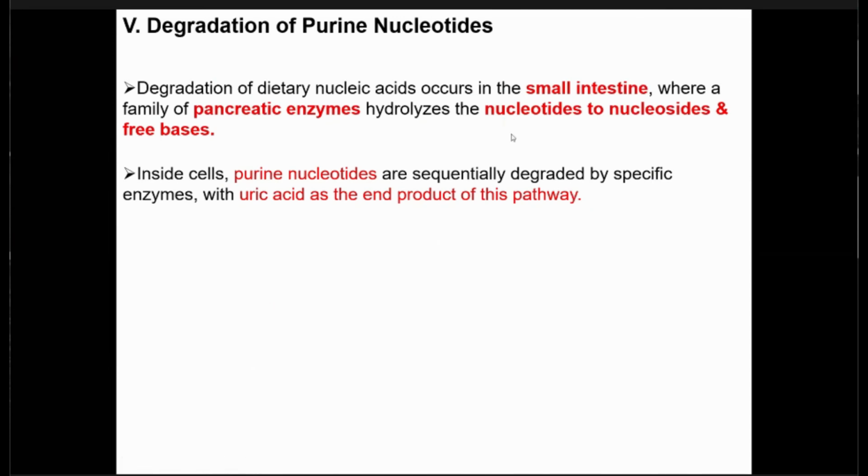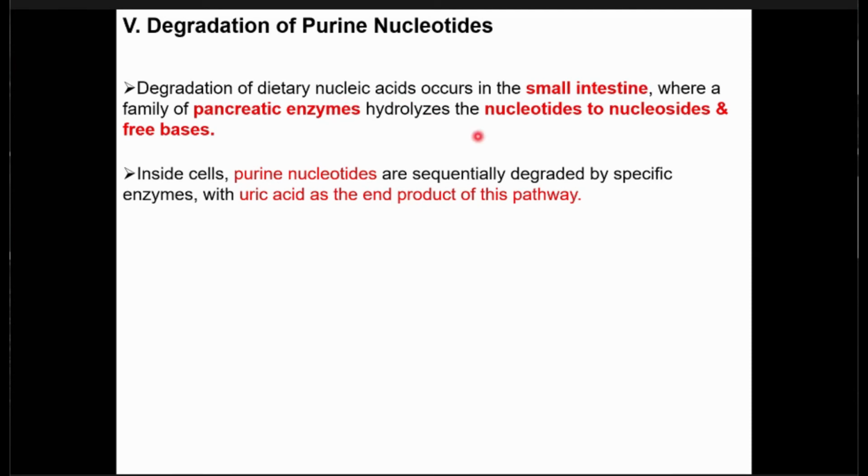Now, we've seen how purines have been synthesized. Now, how the nucleotides are degraded. So what is the first piece of information? What we eat as nucleic acids, I mean in the food or meat or whatever, there is some DNA and RNA.